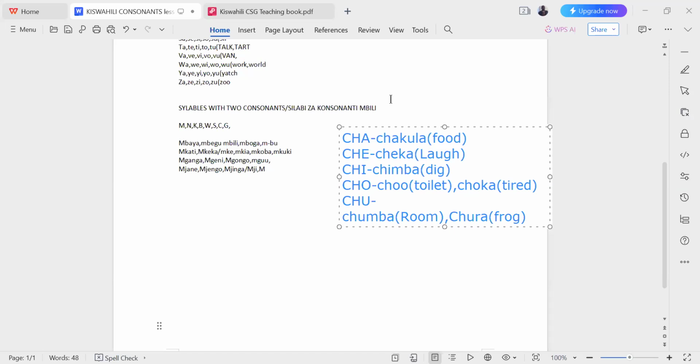Now in Kiswahili, if O's are double or follow each other, it doesn't move to U, it remains O. Unlike English, where the double O makes it U. Yes, I got trapped in the English. Cheka, chimba, cho, choka, chumba, chura.